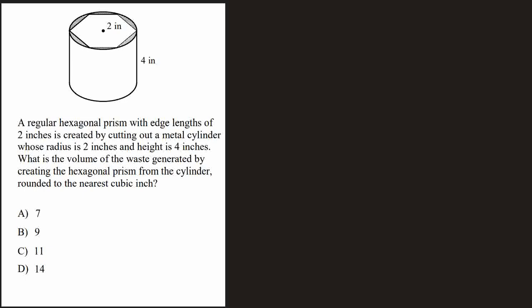cubic inch? Well, to solve this question, we see that it is a regular hexagonal prism, which means all sides are equal, like this. If I make it bigger here, so it's the same equal size.